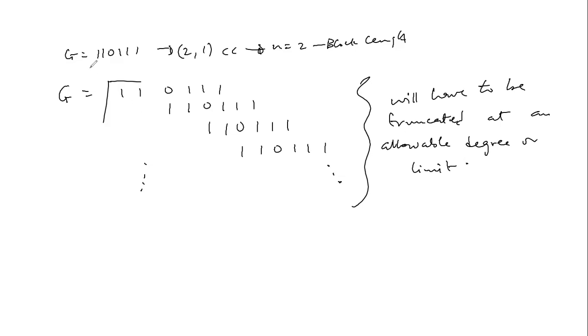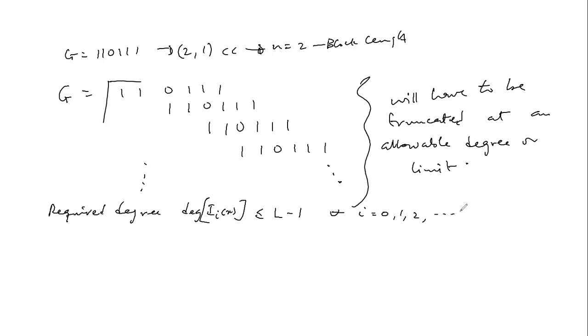So now, let's assume the required degree of I_i(x) is less than or equal to L minus 1, for instance, for i taking on values from 0, 1, 2, all the way to k minus 1.